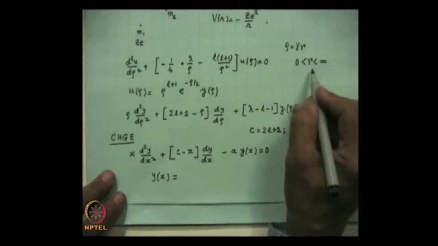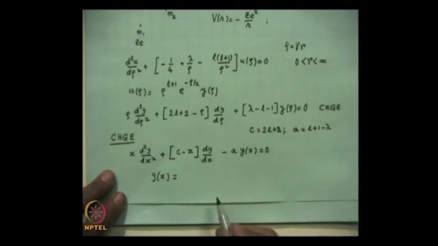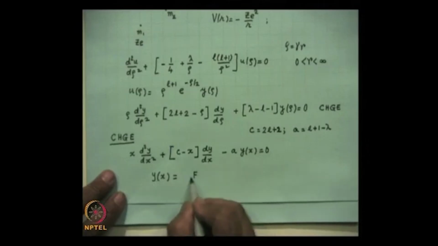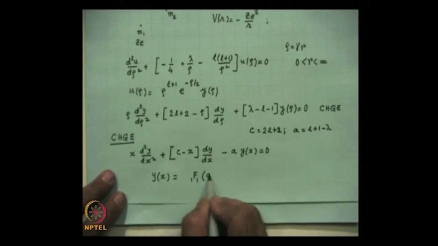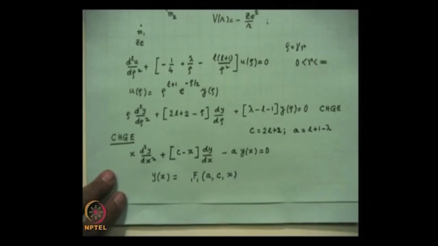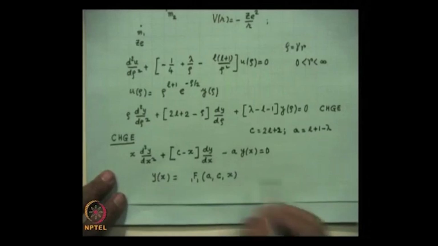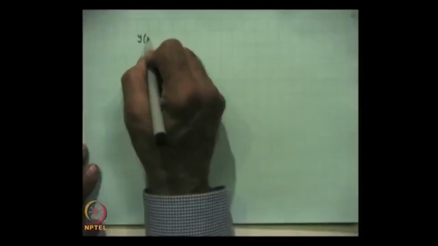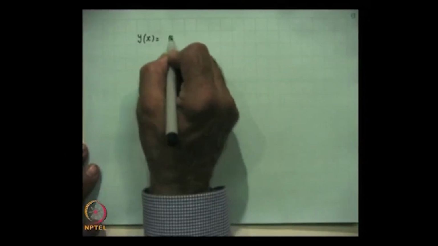The well behaved solution is y of x equal to F11.